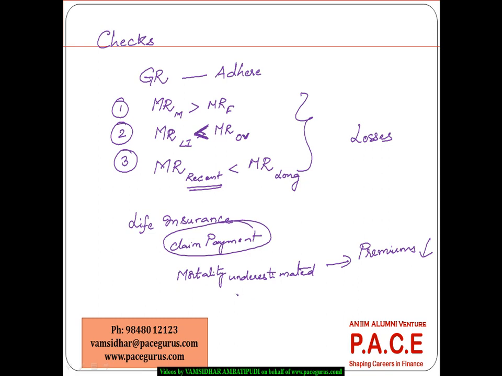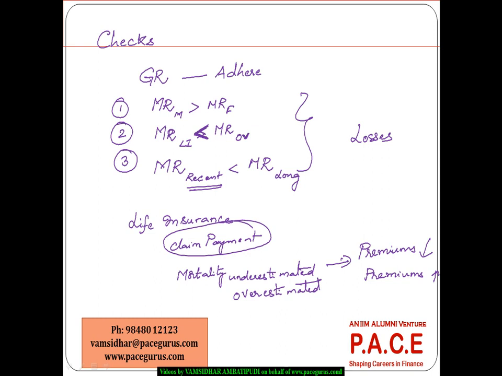But on the other side, if the mortality rates are overestimated, means more deaths than what are happening in reality, we could see that the premiums are charged very high, means it could very well be possible that they are uncompetitive. A competitor might price much better and take up the overall business.